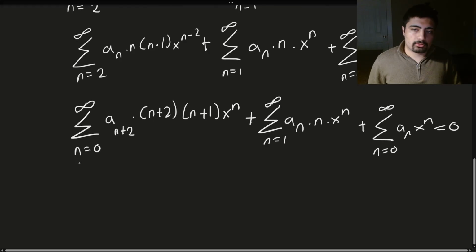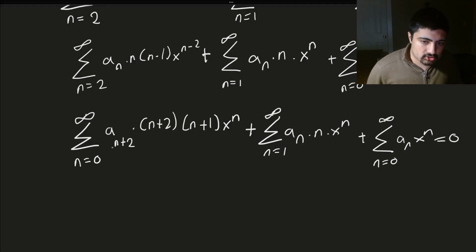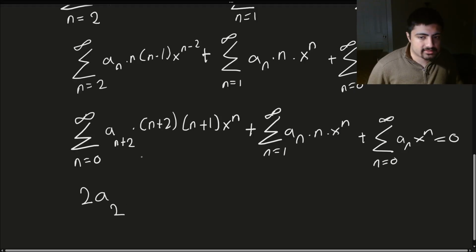So we're going to write out the first term of the first and the third series. If we substitute n equals 0 into the first series, we get a sub 2 times 2 times 1, so I'm going to have 2 a sub 2 here. That's it.